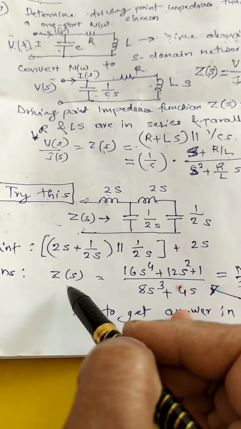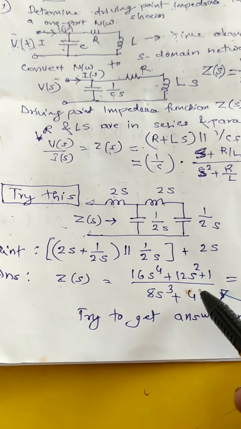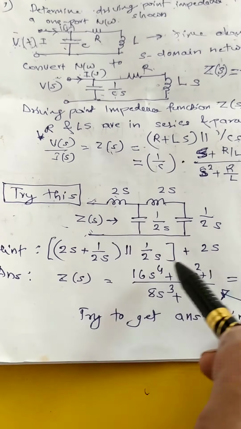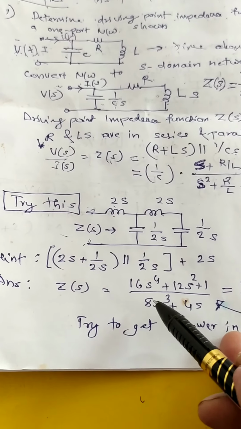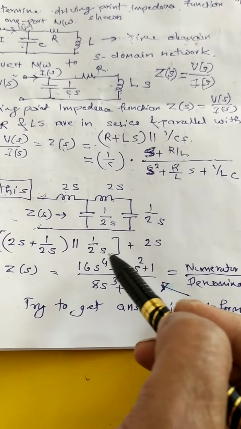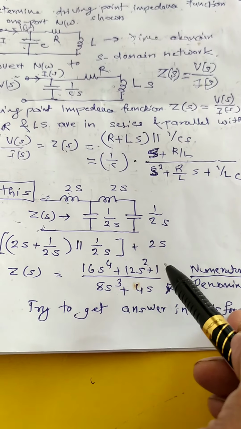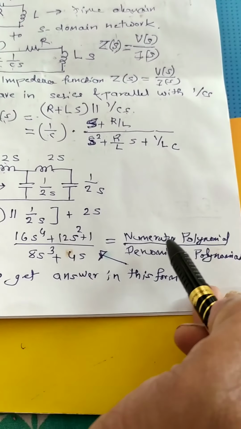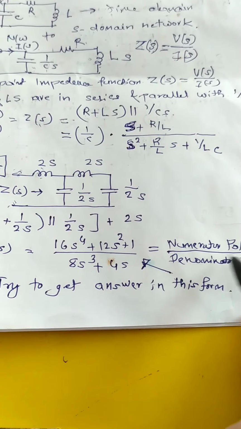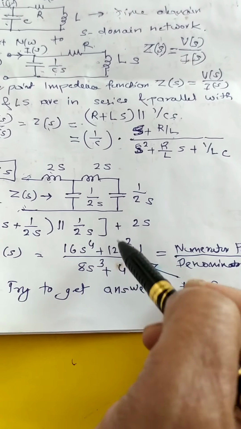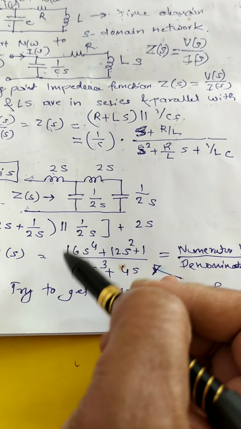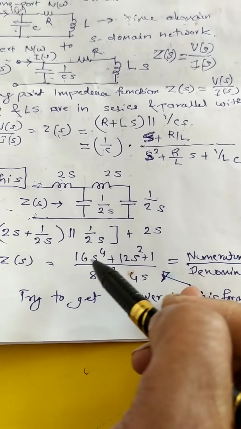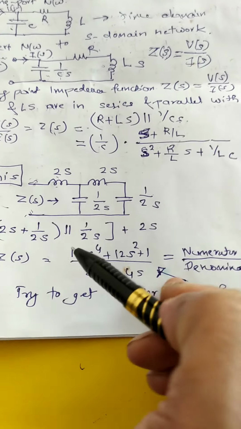Values are given here, and Z is coming like this. So this becomes a transfer function. What is the transfer function? It is the ratio of output by input. Look at this nature: it contains one polynomial in the numerator and a denominator polynomial. So this is called a network function, but by nature it is a driving point function.